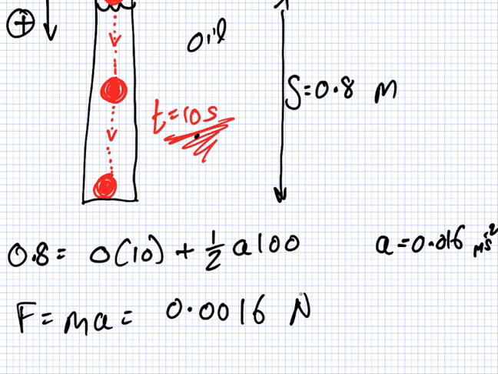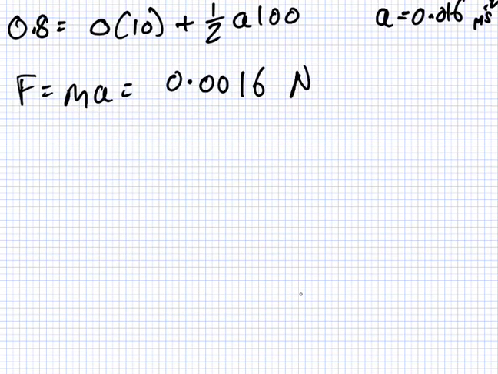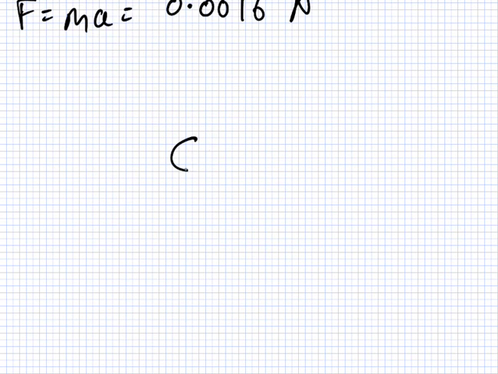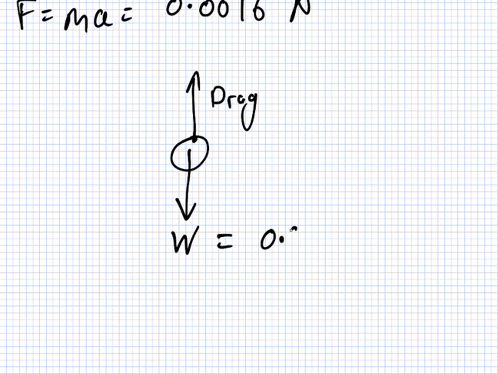Okay, so we want to find the drag force. So let's have a look here. We have weight and we have drag. How big is the weight? Well, we know this one, it's mg. How big is the drag then?